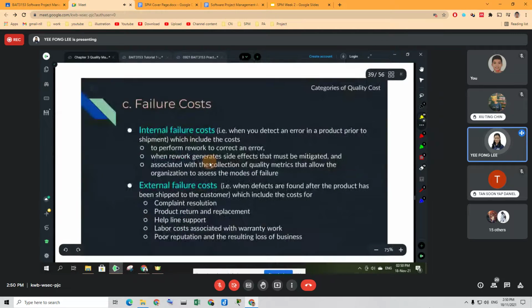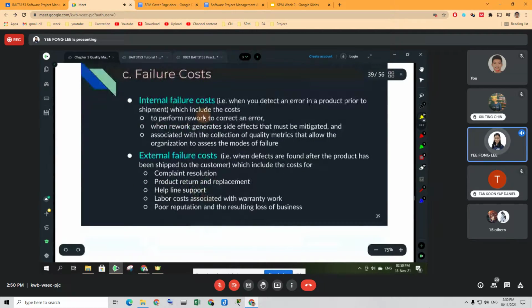How about failure costs? This one is more straightforward. Failure costs have two categories here: internal failure costs and external failure costs. Look at the definition here.